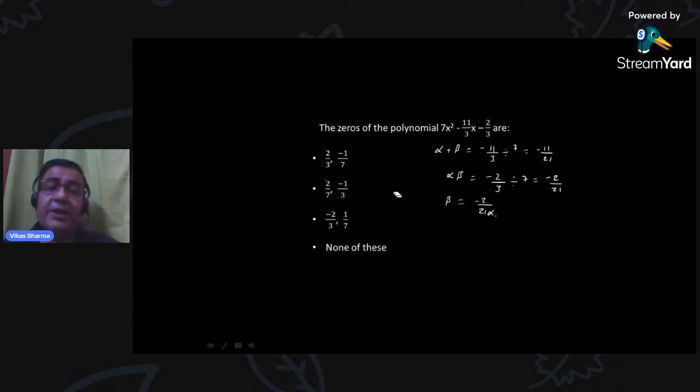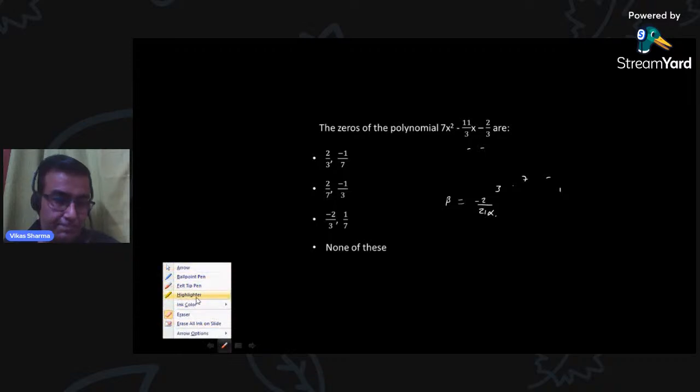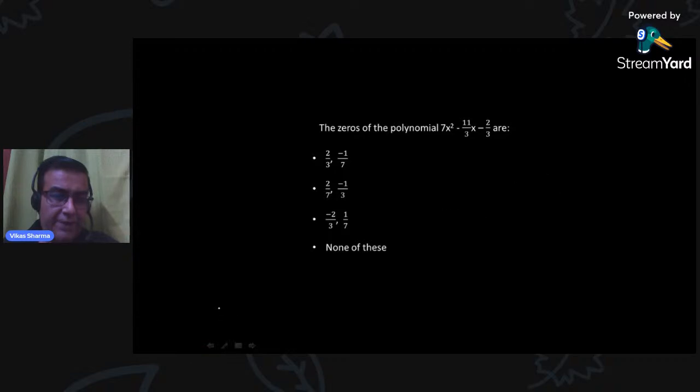So instead of using the product, the sum of the roots and the coefficients, let's do it another way. Just a minute. Let me erase all of it.